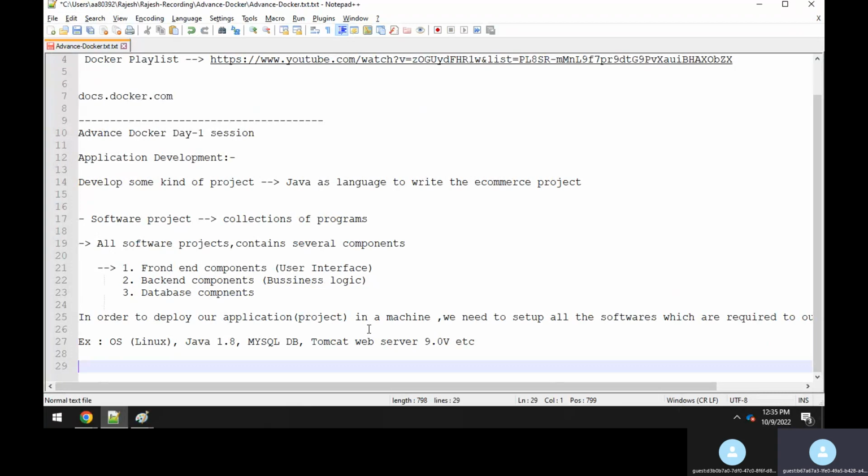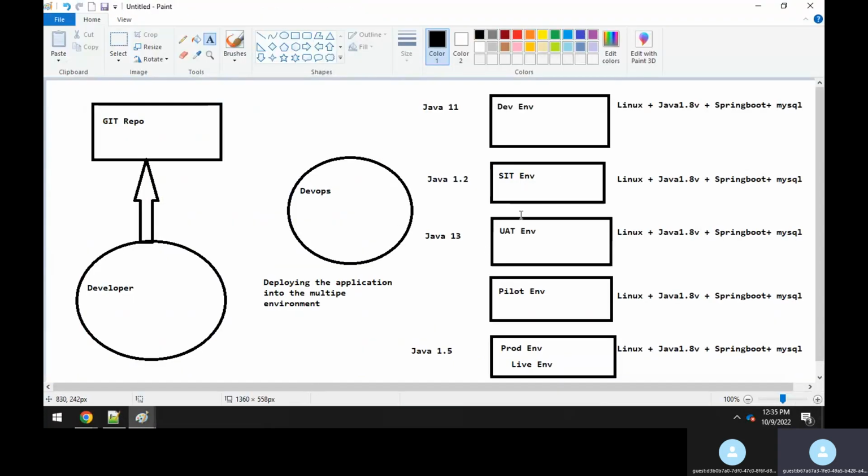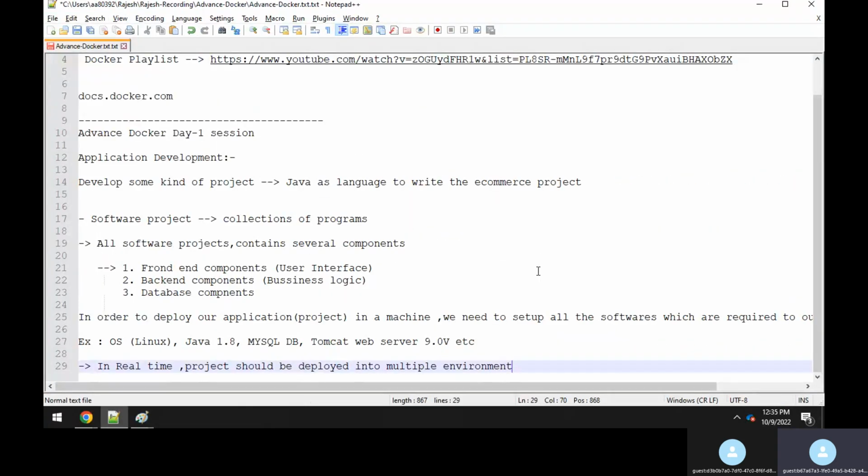So basically what happened in a real-time project is that the project should be deployed into multiple environments, like the dev environment, SIT, UAT. These are the multiple environments for testing purposes.